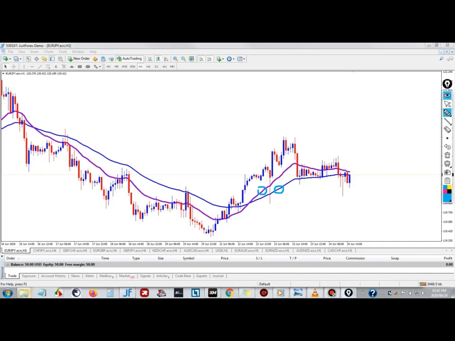But I must say, moving averages on their own do not work best. What do I mean when I say that? What I'm trying to say is, it's not enough for this purple moving average to cross above this blue moving average and then you just buy instantly.